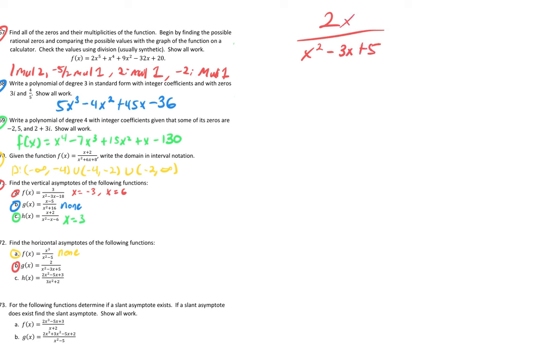This is implied x to the 0 here. So our denominator's power is greater, so the horizontal asymptote occurs at y equals 0.